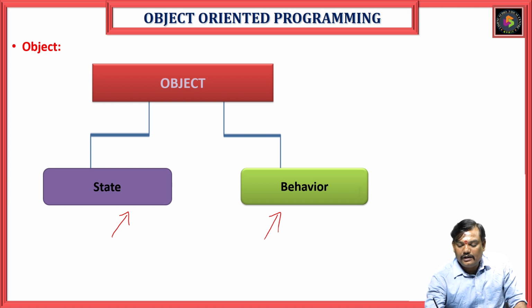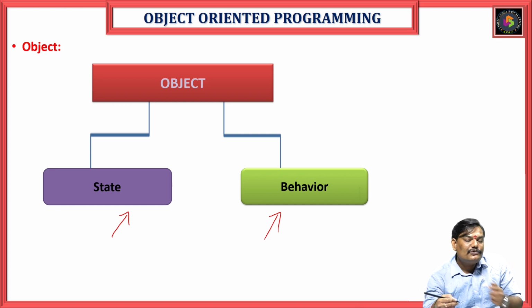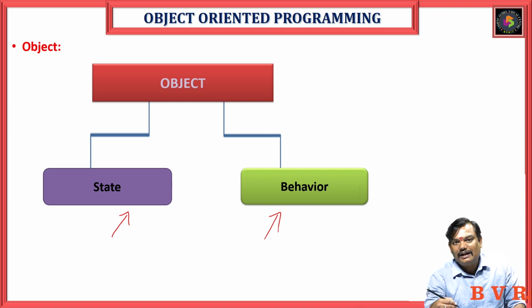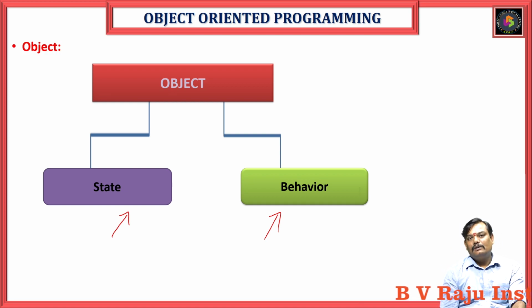And the behavior of an object tells how the object is going to respond. The response given by the object can be described as its behavior. So every real-world object will have these two things, a state and a behavior.